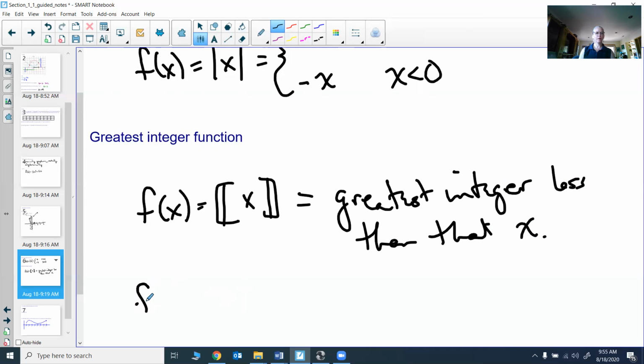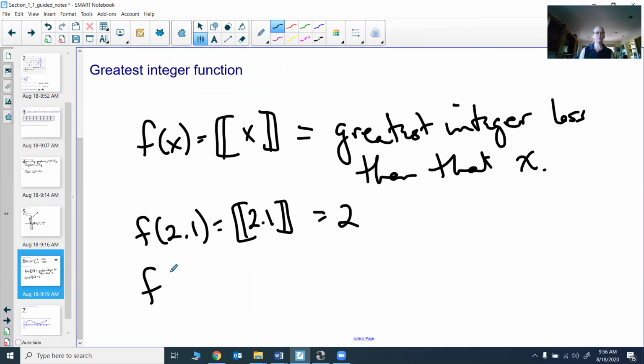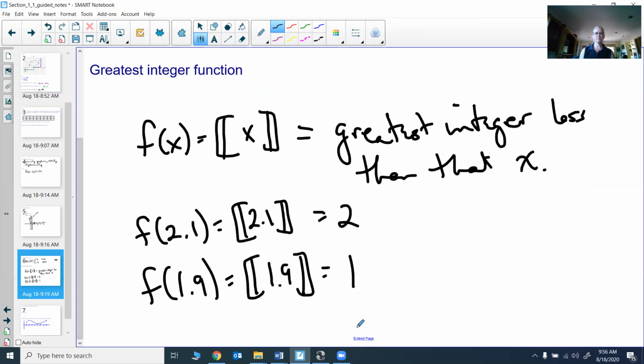So if you did f of 2.1, the greatest integer less than 2.1 is 2. If you did f of 1.9, the greatest integer less than 1.9 is 1.